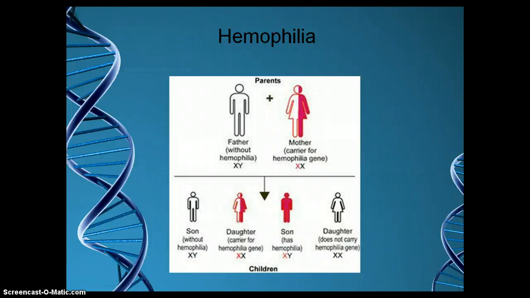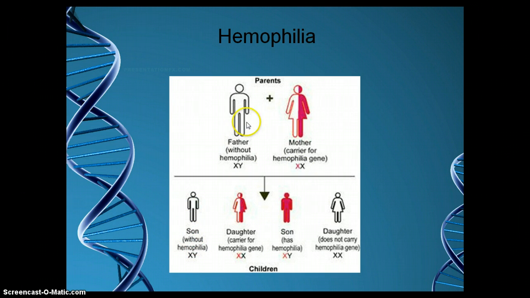And you can see an example here in hemophilia, which is an X-linked disorder. Here you have a father who doesn't have hemophilia. Here you have the mother who's the carrier, and the carrier gene is denoted by pink here on the X, the primary X chromosome.